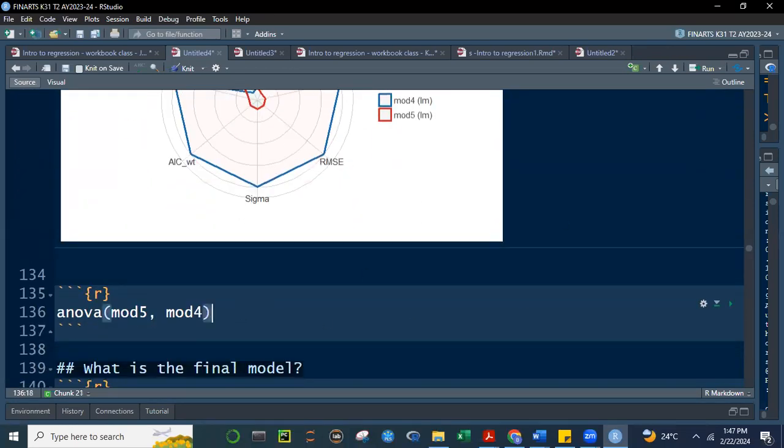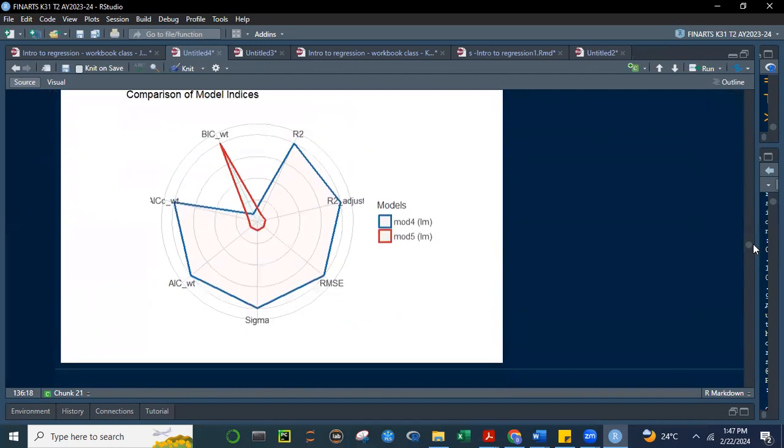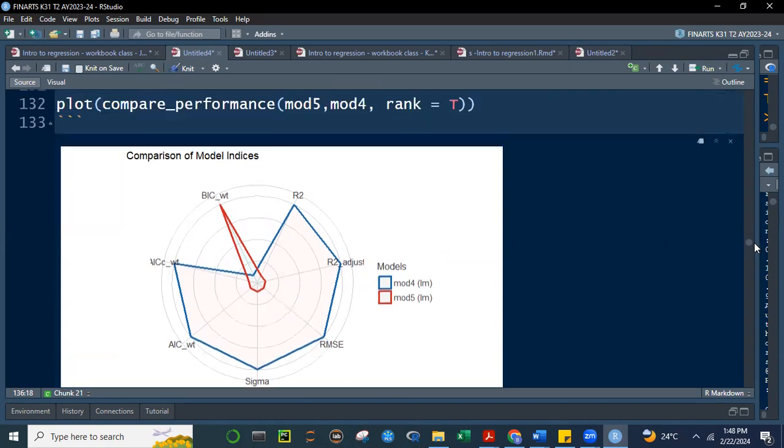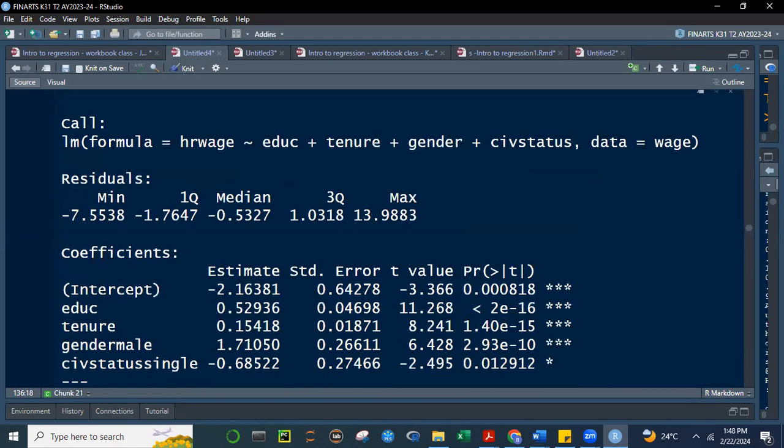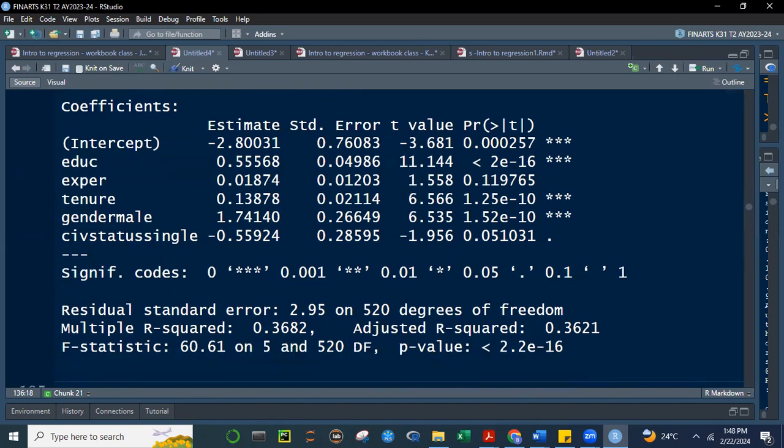So ANOVA kasi in terms of the compare performance ni performance package, mas maganda tong mga just basing it on ano ba yung measure ng R squared, adjusted R squared, yung root mean square error, sigma, etc. It turns out that parang mas maganda si model number 4, yung unrestricted, no? yung merong number of dependents kasi yun ang huling tinanggal natin di ba? That was the last variable that what was that?